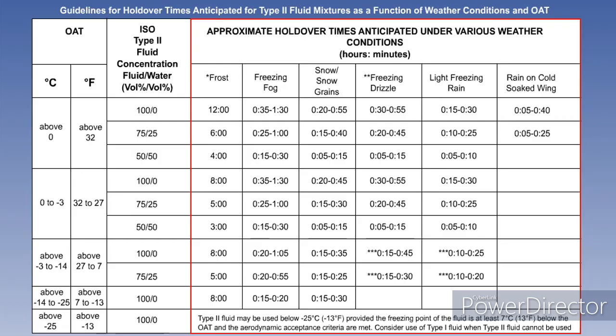It is dependent on mixture strength, airframe temperature and weather conditions, particularly the ambient temperature and type and severity of expected contaminant, for example, frost, heavy snow and freezing rain. The holdover time for a one-step procedure will start from the very beginning, and for a two-step procedure it will start from the commencement of the anti-icing procedure.